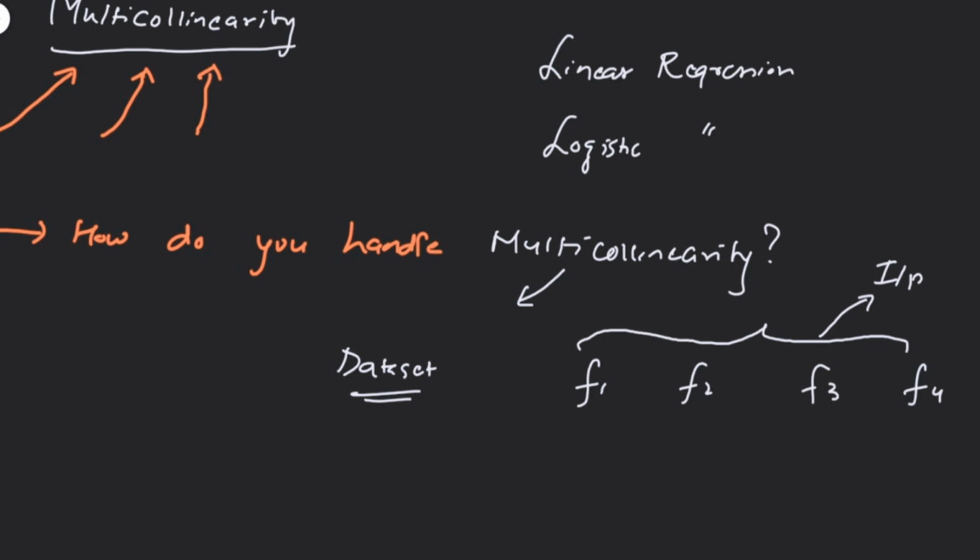Now multicollinearity basically says: what are the problems that may occur if these independent features are highly correlated between them? Suppose the F1 and F2 features are highly correlated, more than 90%. Then this situation is called multicollinearity. So you really need to answer, how do we handle this multicollinearity?